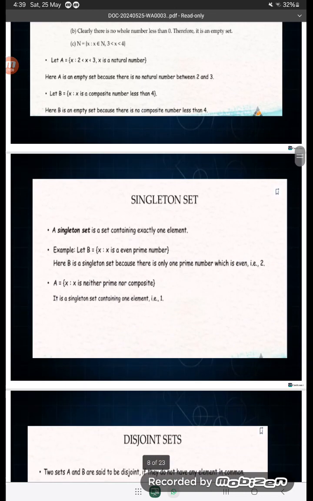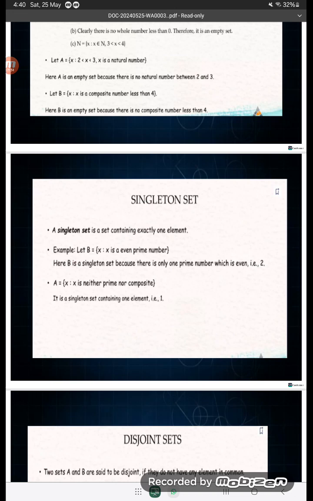Singleton set. A singleton set is a set containing exactly one element. For example, X such that X is an even prime number. You all know about prime and even numbers. Even numbers are those which start from 2, 4, 6 and come in the table of 2, and odd numbers are those which cannot come in the table of 2.